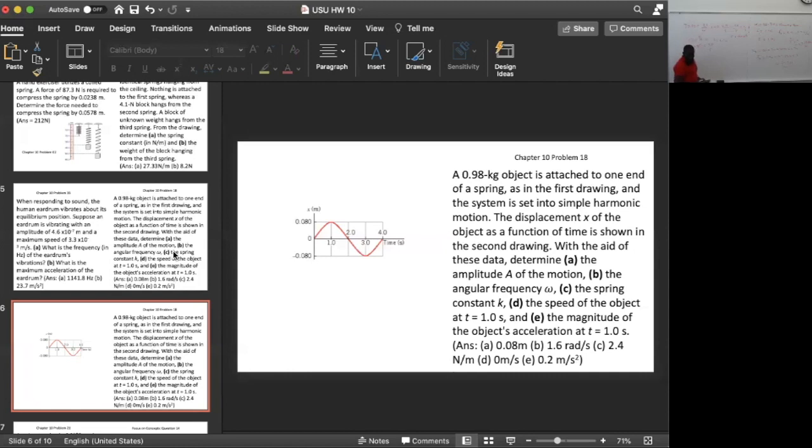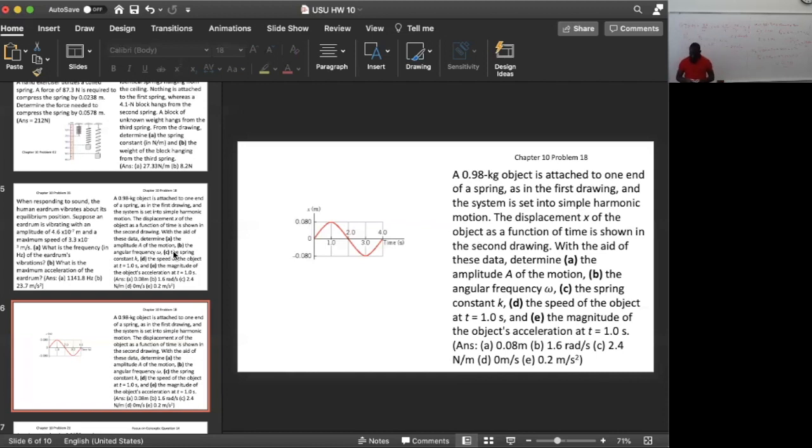Omega squared M, so we have the mass 0.98 times 1.6 squared. 2.4 newtons per meter, correct. Correct answer. So this is C, this is B.